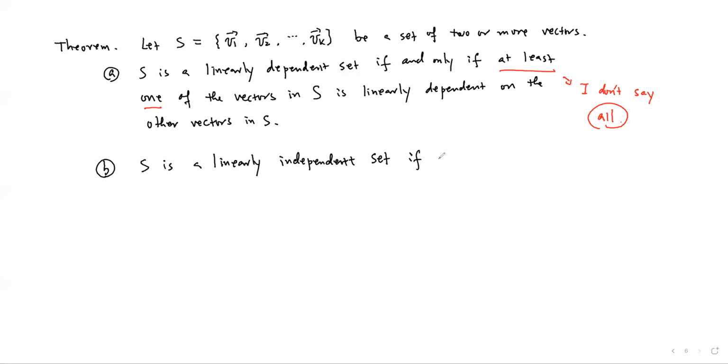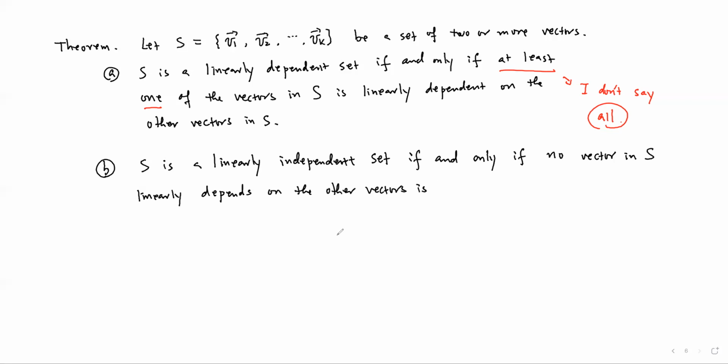What does it mean? If and only if no vector in the set S linearly depends on the other vectors in S.